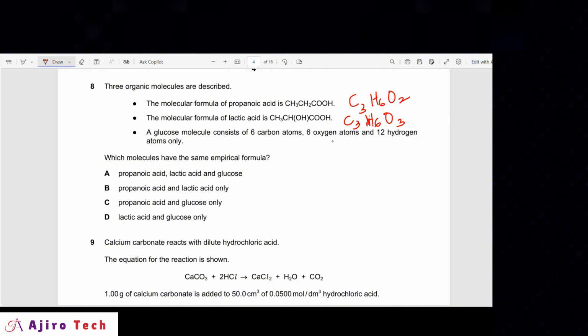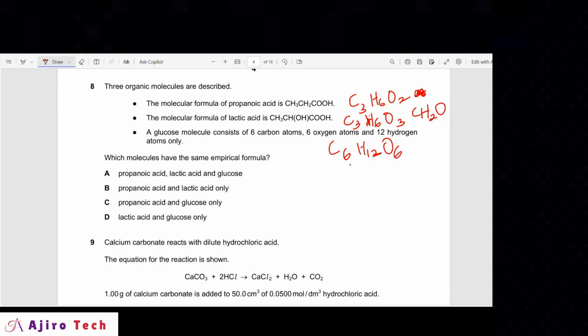And then for glucose, of course, glucose is C6H12O6. All right, so we're going to simplify this now. We cannot simplify this one. But if we simplify this, you see that C3 can divide all through, and we're going to have CH2O, because 3 divided by 6 here is 2, and 3 divided by 3 is 1.